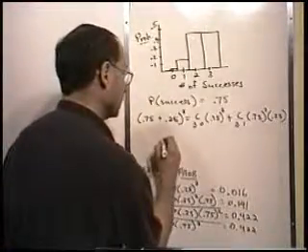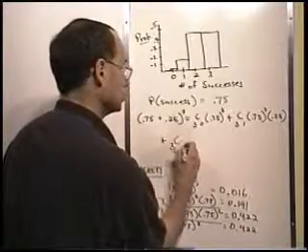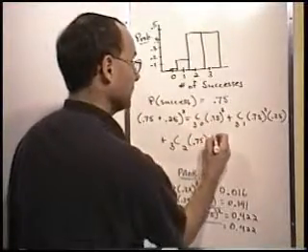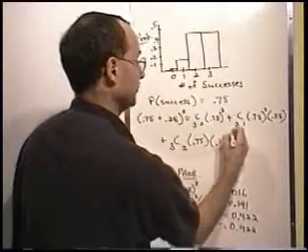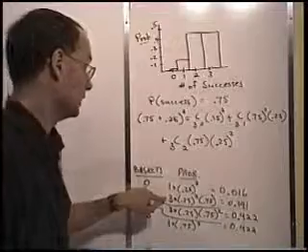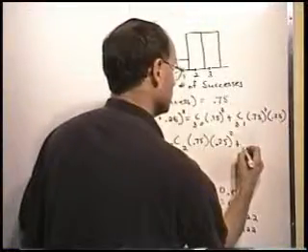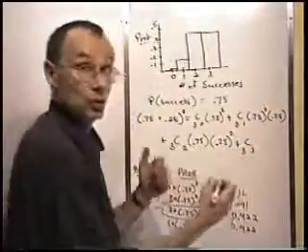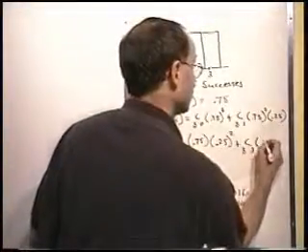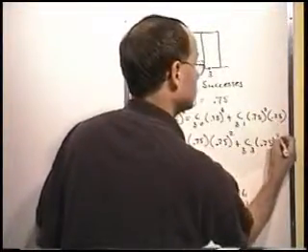Well, if I kept going, the next one would be 3 choose 2, and we'd have 0.75 to the 1 and 0.25 squared, which of course turns out to be the next one here. And then the last one would be 3 choose 3, which is a 1. 0.75 drops off, and we've got our 0.25 cubed.